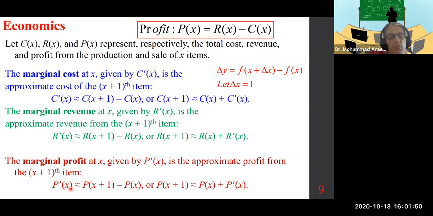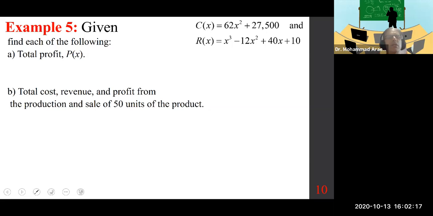So P prime of x, R prime of x, and C prime of x are called marginal profit, marginal revenue, and marginal cost. That's the idea that we are working on. Of course, another way of writing it is that P of x plus 1 is P of x plus P prime of x. So let's make some sense out of this by looking at a very simple example.